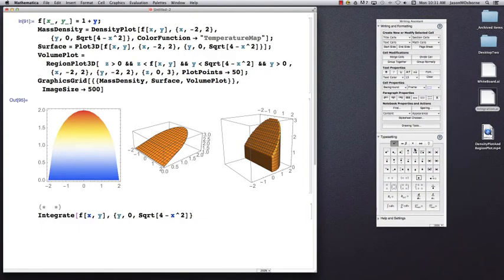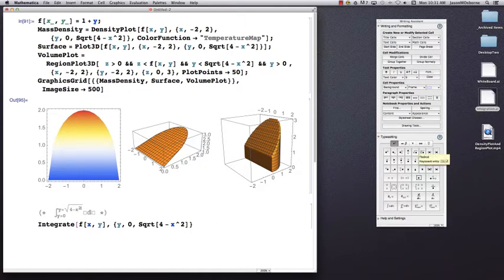What we are trying to do is compute the integral from y equals 0 up to y equal to the square root of 4 minus x squared, and I'll make this as pretty as I can. The function we were integrating was 1 plus y, and we were doing this as an iterated integral, so there are two integrals we have to do. So the command below will be doing this integral.